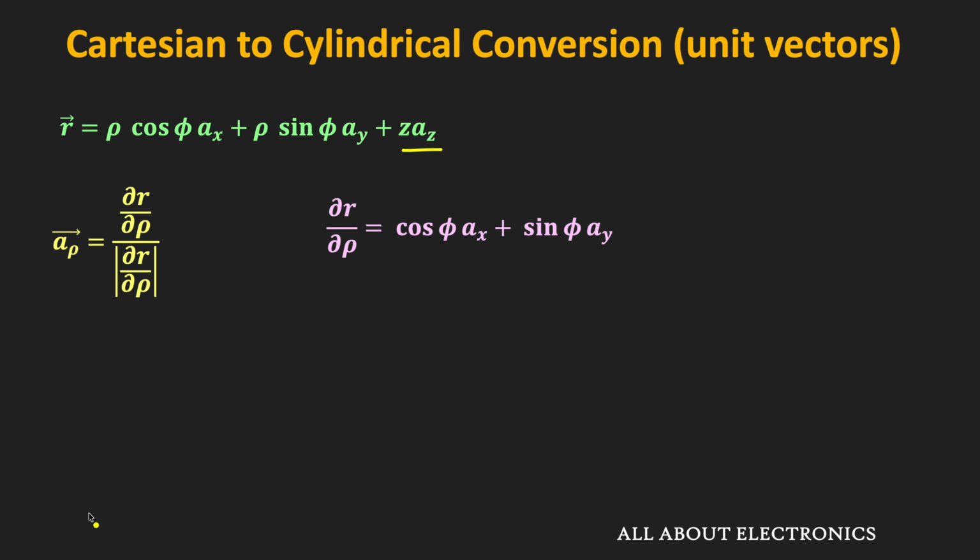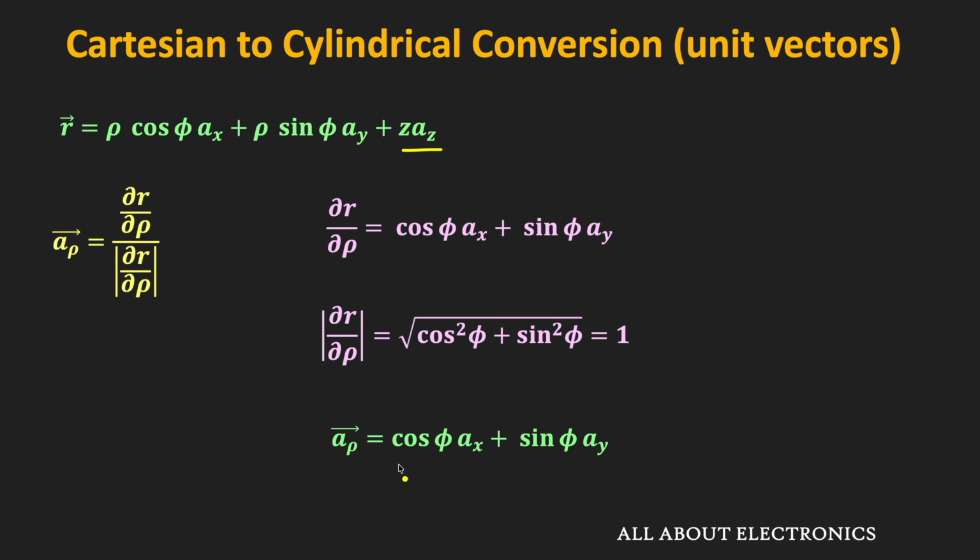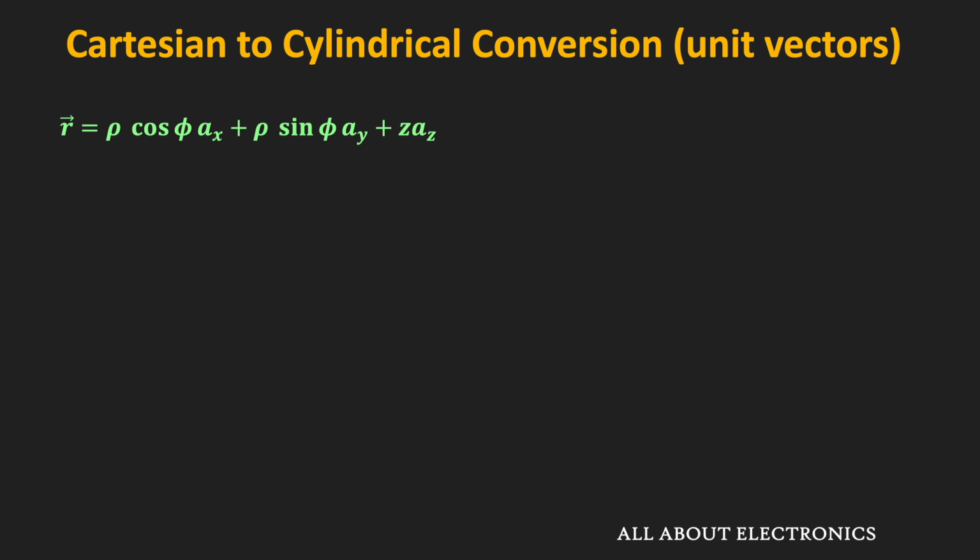Now, if we take its magnitude, that will be equal to square root of cos square phi plus sin square phi, and that is equal to 1. So we can say that this unit vector a rho is equal to cos phi times ax plus sin phi times ay. In this way, we got the unit vector a rho in terms of ax, ay and az.